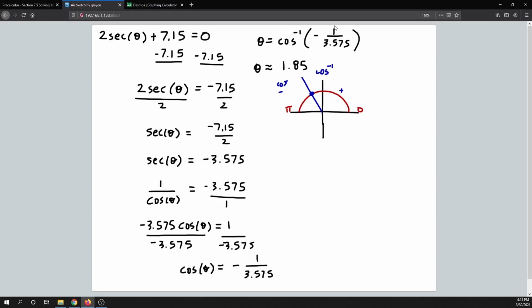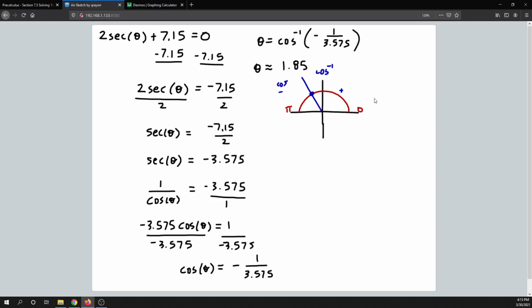So we know, because this number is negative, that this angle 1.85 is in the second quadrant. And we can actually look at the number: 1.85 is less than pi, which is around 3.14, but it's bigger than pi over 2, which is about 1.57. So it's somewhere over here.